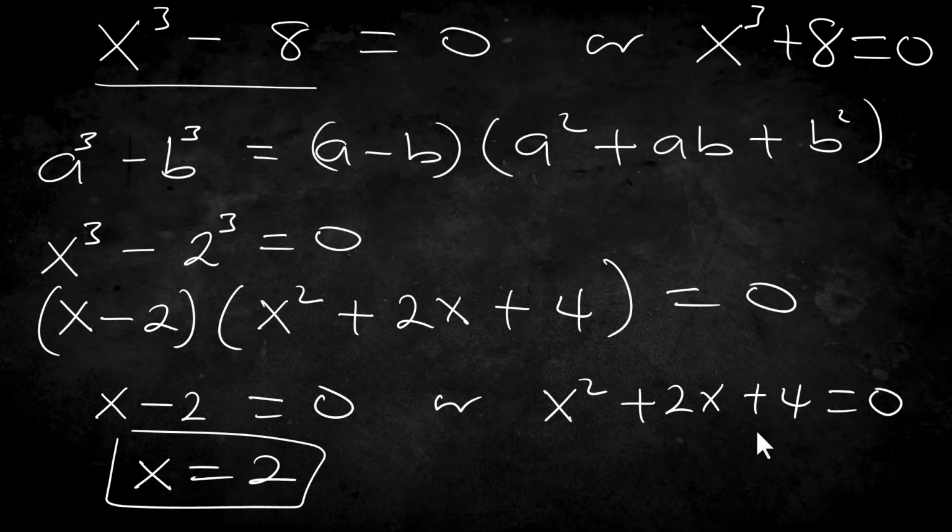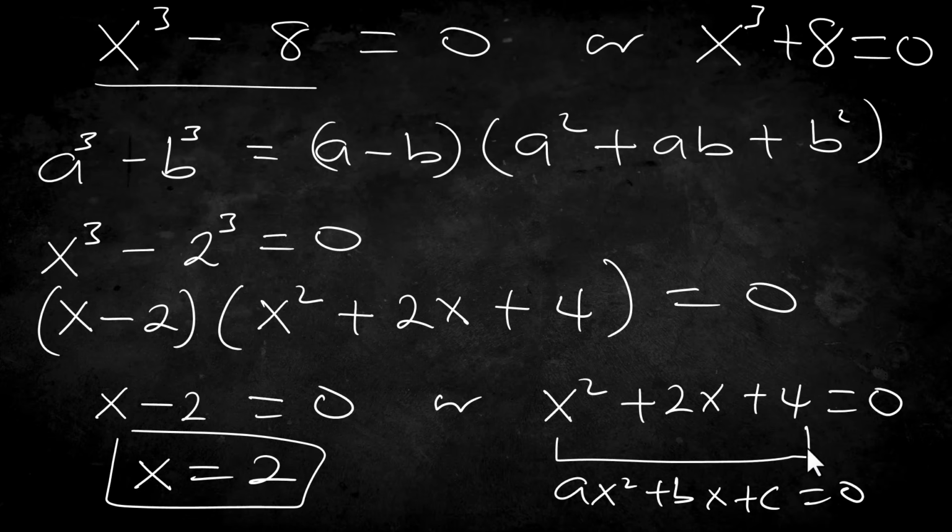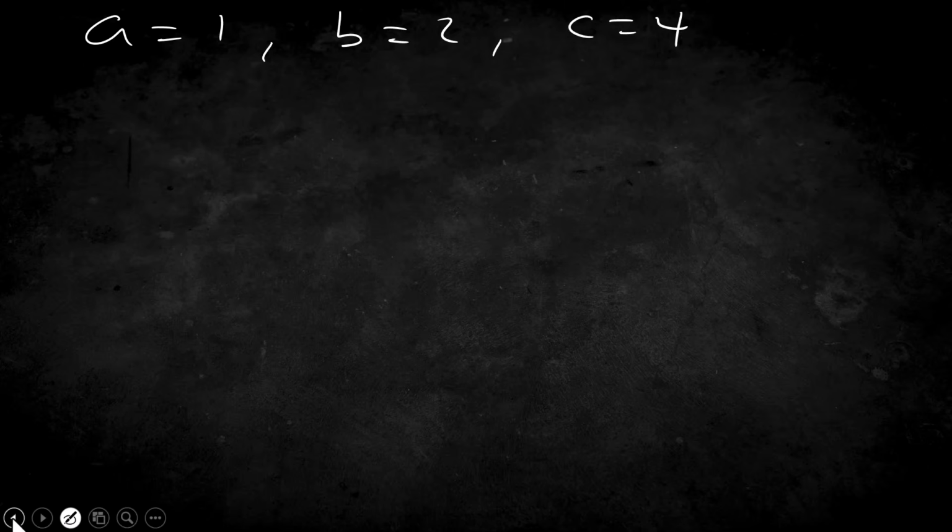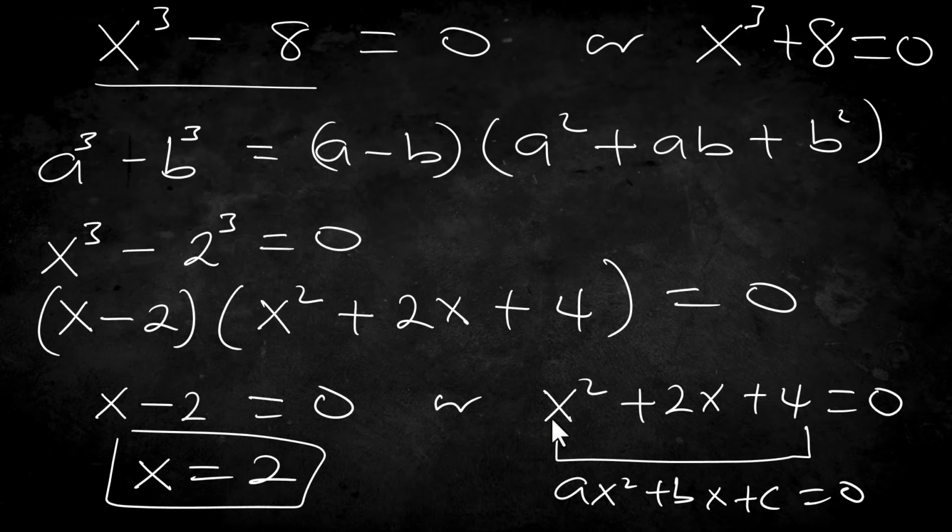Now let's consider this one as we compare it with the general quadratic equation ax squared plus bx plus c equal to 0. So a is 1, b is 2, c is 4. Let's confirm again: a 1, b 2, c 4.